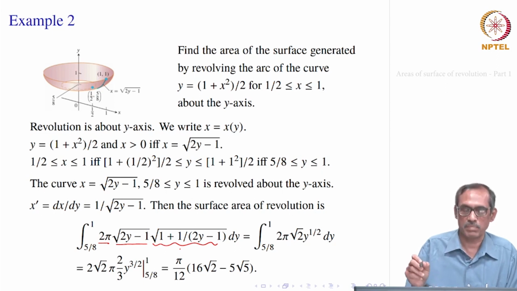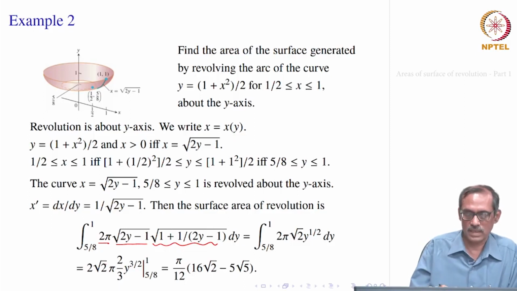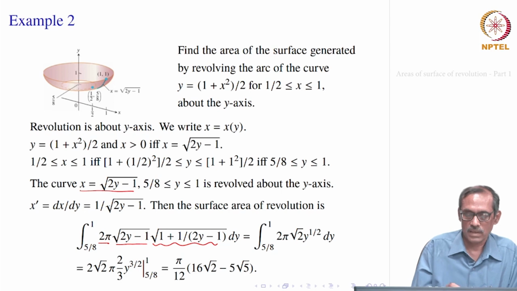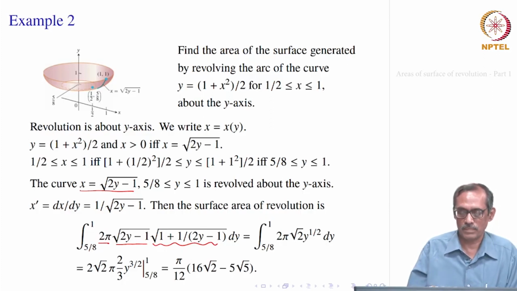So, g prime means x prime with respect to y, it has to be differentiated. So, x is the square root of 2y minus 1. So, x prime is dx by dy, which is 1 divided by the square root of 2y minus 1. So, that half cancels with this 2 when you differentiate, first with respect to 2y, next 2y with respect to y. So, 1 2 comes, that is cancelled. So, it is 1 divided by the square root of 2y minus 1.